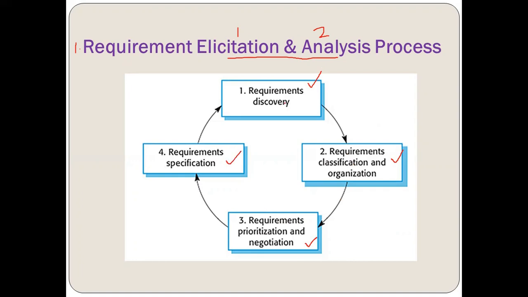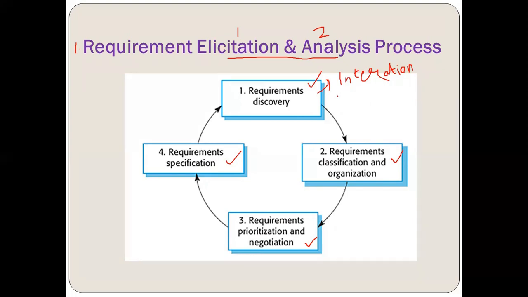First thing is requirement discovery. In discovery, we are going to interact with all these stakeholders. After interacting, we are going to gather all the information or requirements from the stakeholders, and we are going to use different tools and techniques to gather the requirements from the stakeholders or the customers for the existing system or the system which is needed.